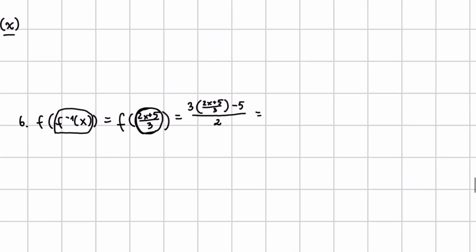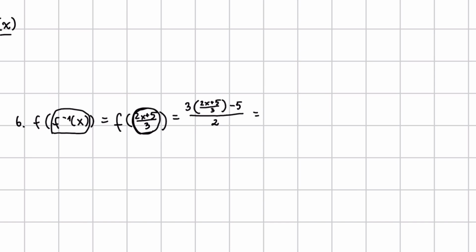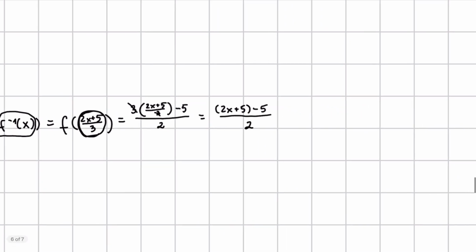And now we have to simplify it. We can observe that here we have 3, so they will cancel out. And we are left with 2x plus 5 minus 5 over 2. They will cancel out because we have positive and negative 5.